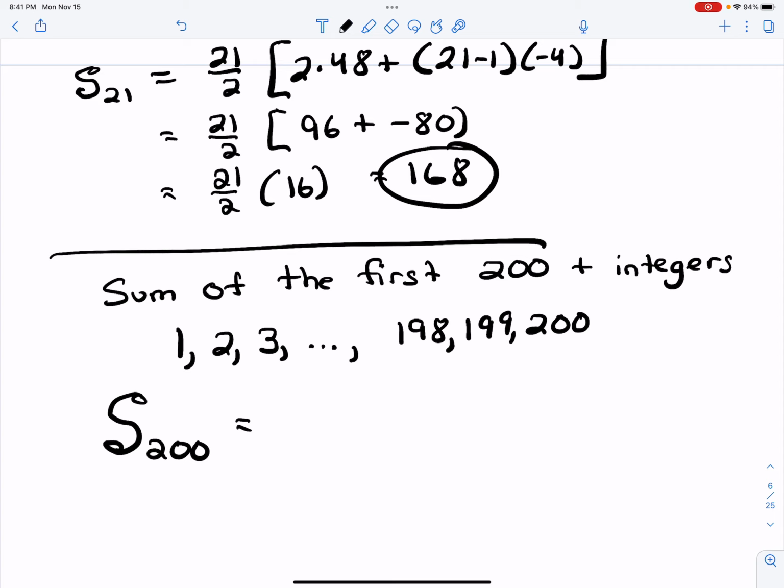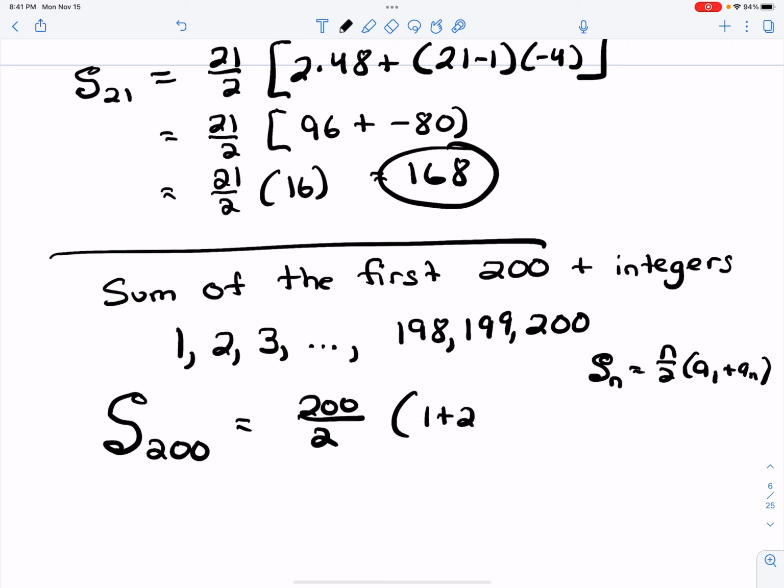So we can use that formula, S sub n equals n over 2 times a sub 1 plus a sub n. 200 over 2, which is 100, so 100 pairs, times 1 plus 200.